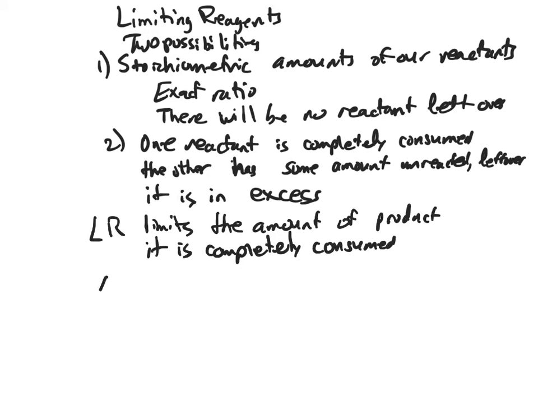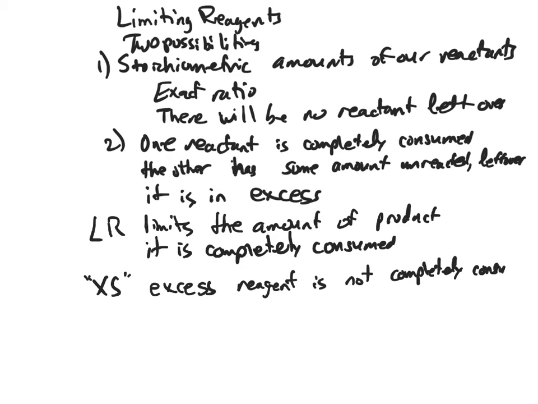Whereas the reagent in excess, that's my little symbolism for it, XS, the excess reagent is not completely consumed. There's some amount that's left over after the reaction is completed.